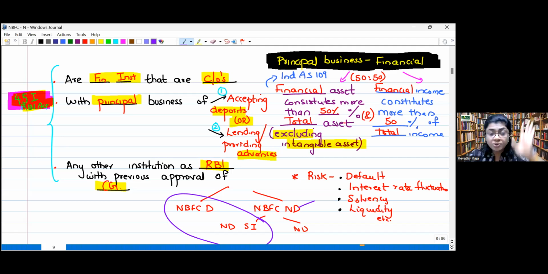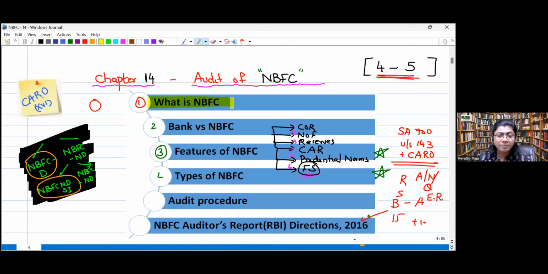Now, for an institution to be classified as NBFC, it should meet the 50:50 test criteria. So that is the first part, what is NBFC.